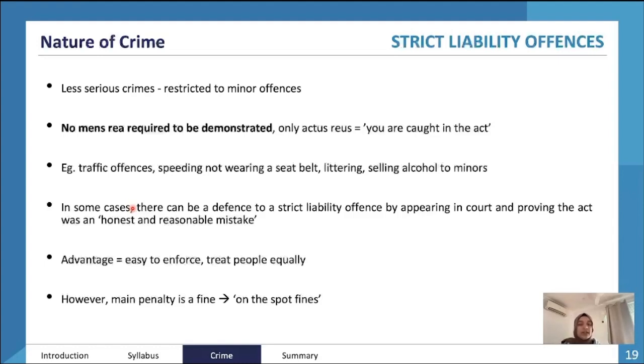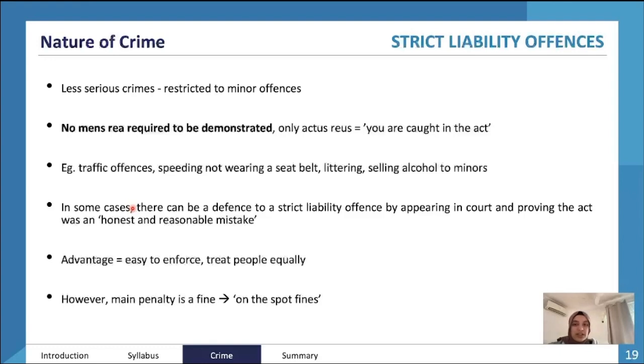My favorite example to give for strict liability offences is speeding because it's just so easy to understand. Basically, if you're speeding and a police officer catches you, they pull you over and they give you a fine or a ticket, or they take a few points off your license, then you're caught in the act.